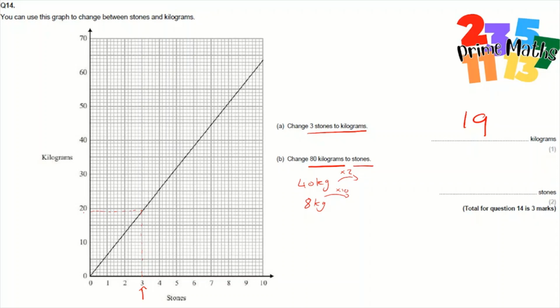Now, I'm going to read from 40 kilograms across and down, and I can see that that is around about 6.3. So 40 kilograms is 6.3, and I'm going to multiply that by 2 to get 12.6. This question has a bit of leeway. If you've got anything between 12.4 and 12.8, then they would give you the marks.